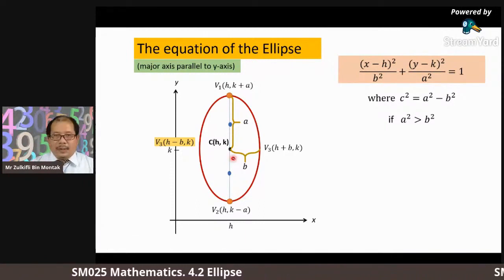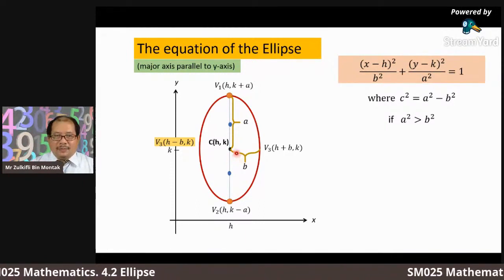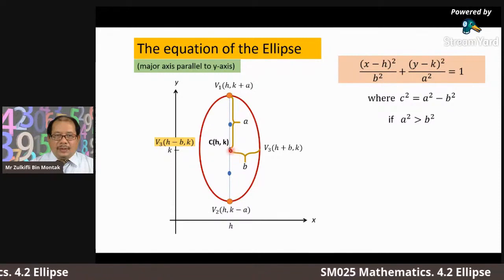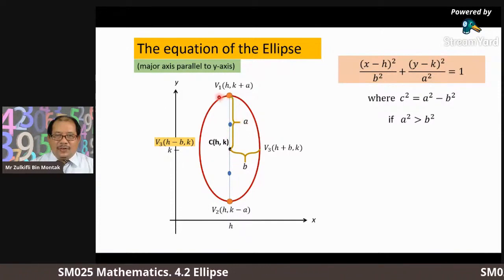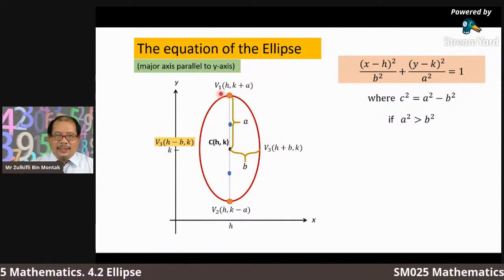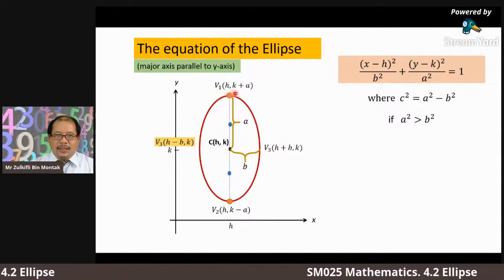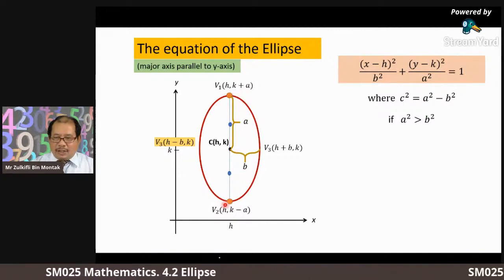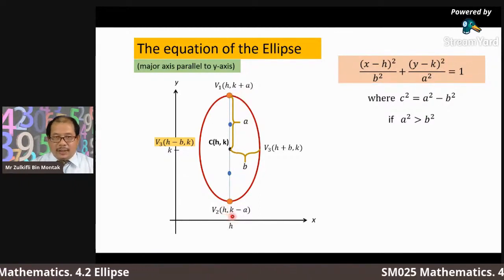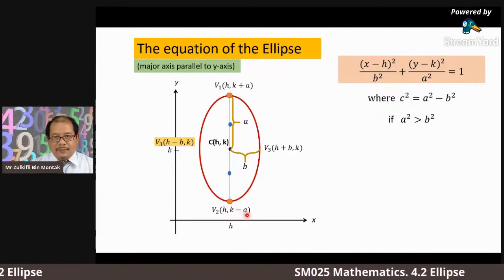The distance from the center to the vertex is equal to A. So the first vertex is (H, K plus A), and the other vertex is (H, K minus A).